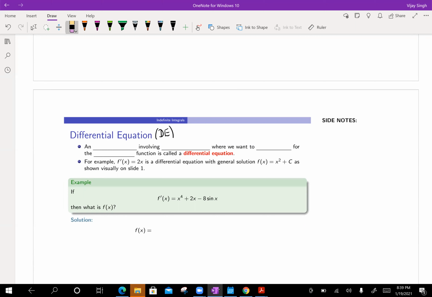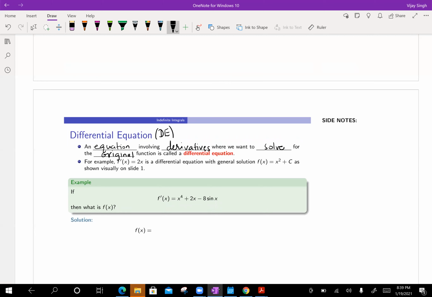involving derivative, where we want to solve for the original function, is called a differential equation.